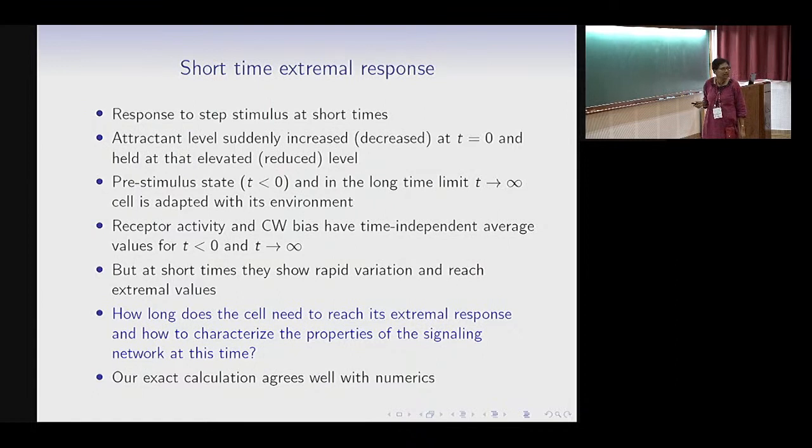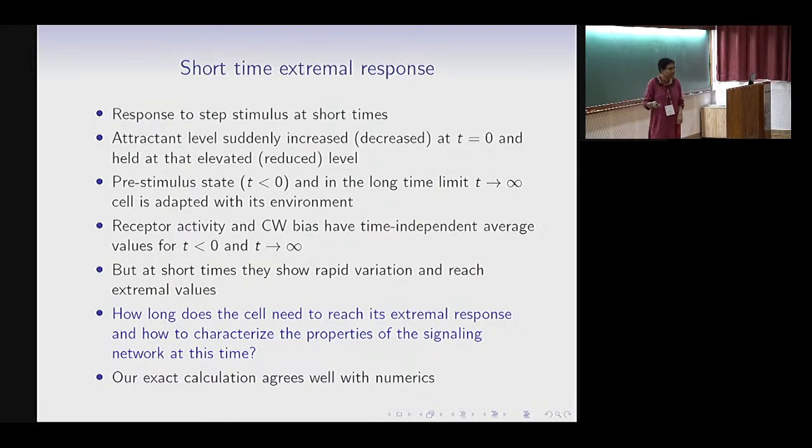Now in the pre-stimulus state, when t is less than 0, or in the long time limit, t goes to infinity, the cell is adapted to its environment. And then the receptor activity and clockwise bias, the two quantities which are of interest to experimentalists, have time independent average values for t less than 0 and t going to infinity.